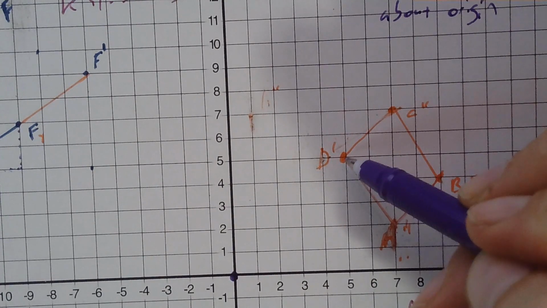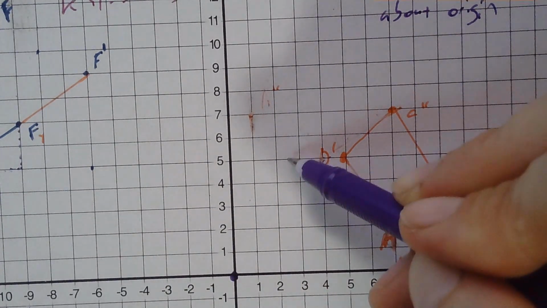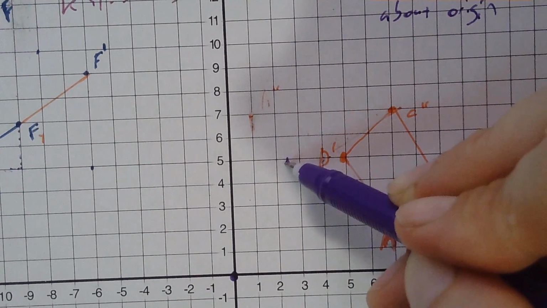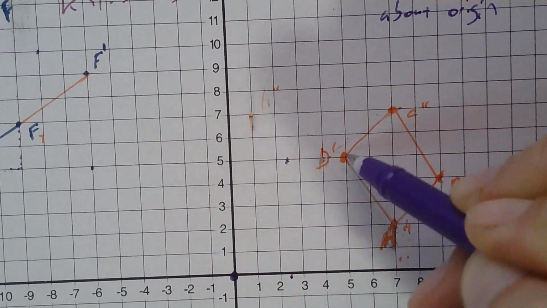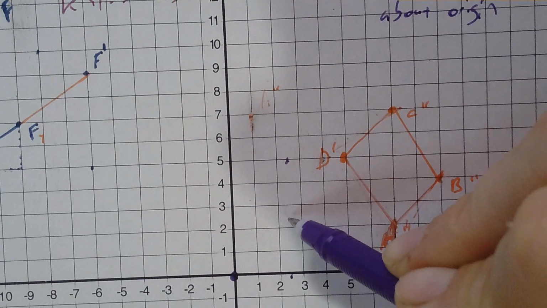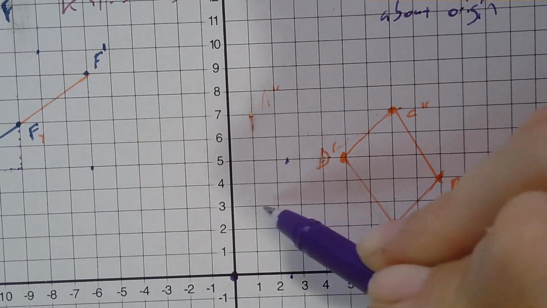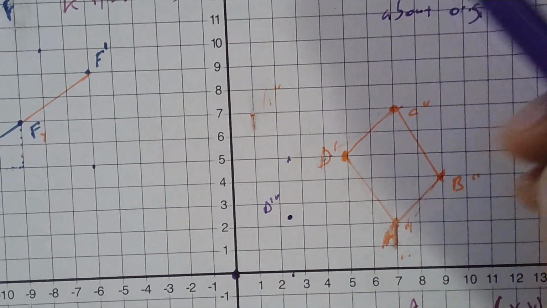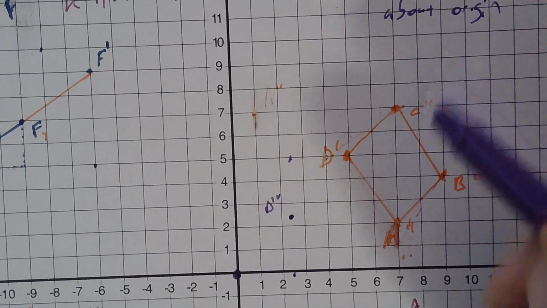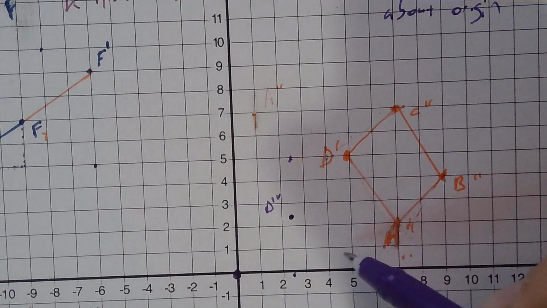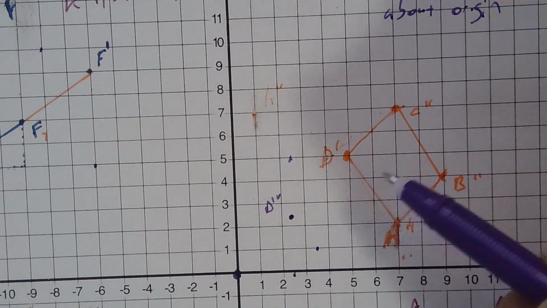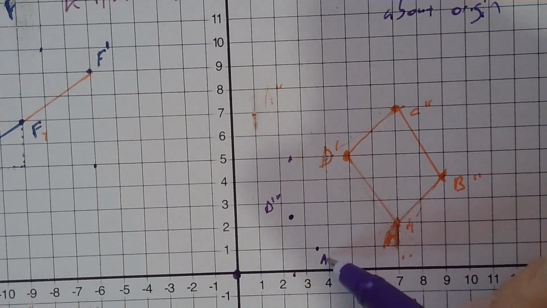Okay, so half of 5 is 2.5. Half of 5 is 2.5. So my new D location, this is going to be D fourth. Okay, and then A is going to be 1 and 3.5. This is going to be A to the 4th.